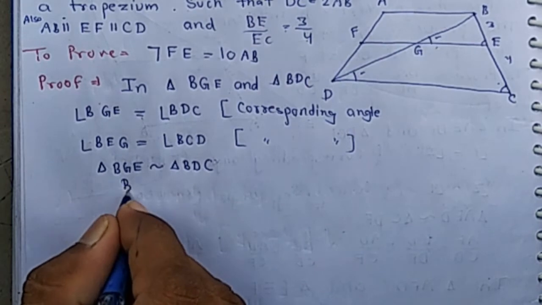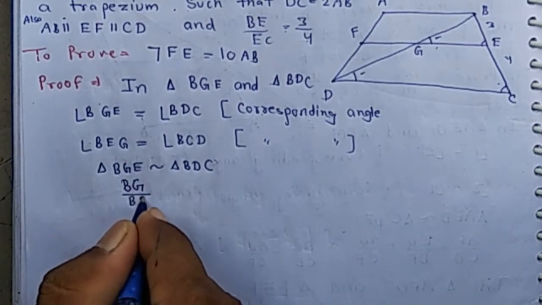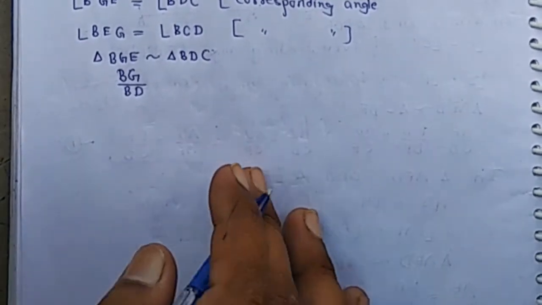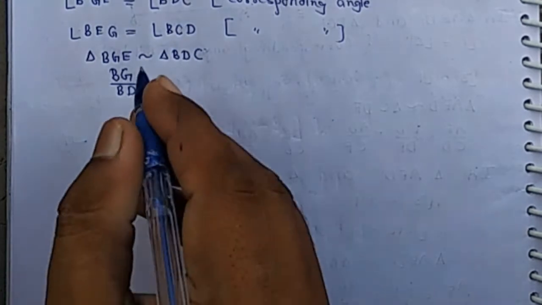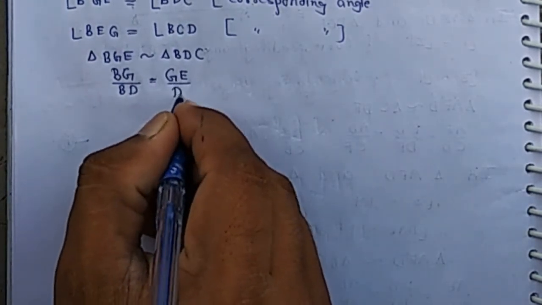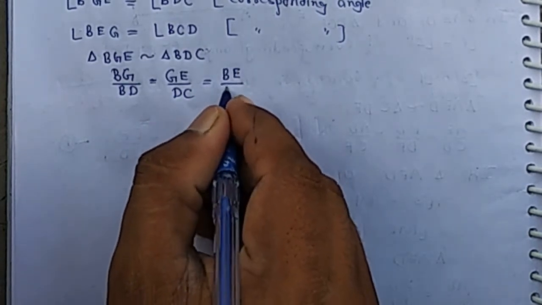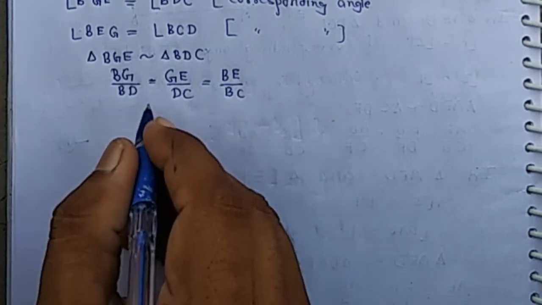Now find the ratio BG by BD is equal to GE by DC is equal to BE by BC.